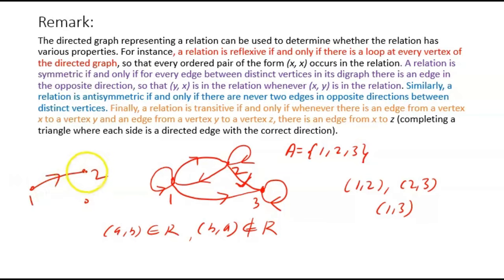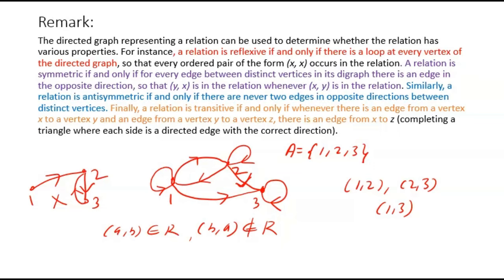If there is an edge between 2 and 1, then it will not remain an anti-symmetric relation. Yes or no? Similarly, if there is an edge between 2 and 3, then certainly there should be no edge between 3 and 2. Right? So right now it is anti-symmetric, but suppose I join this edge also between 3 and 2. So now it is not anti-symmetric.